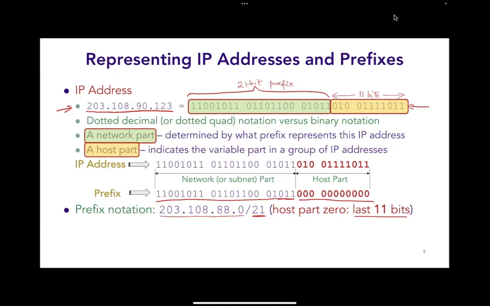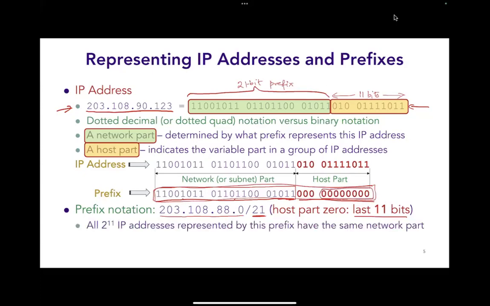Okay. And as far as the network part is concerned, the network part is the first several bits of this IP address, and the rest, the host part, would be considered as 0. So if you convert this particular number into the equivalent decimal format, you will see that this is 203 and then 108 and then 88 and then the final 8 bits would be 0.